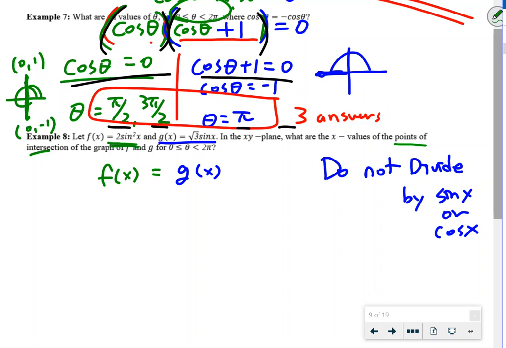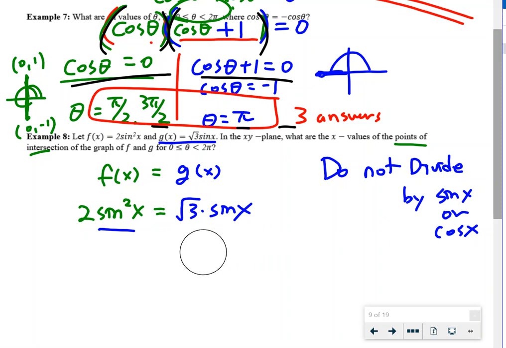When you have a leading coefficient, you need to divide, but I'm talking about dividing by sine or cosine. That's not okay. f of x is 2 sine squared x, and g of x is radical 3 sine x.